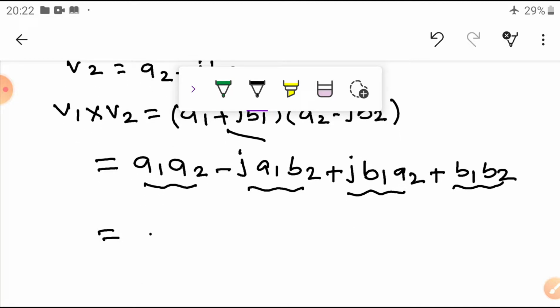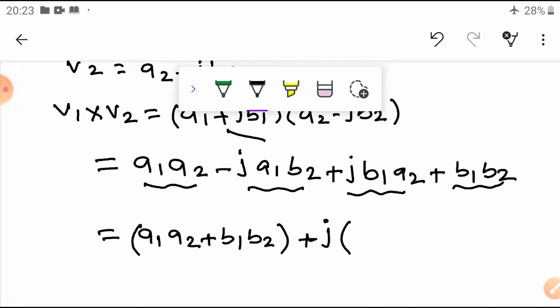Now, A1 A2 plus B1 B2, this is the real part. Now, you can take plus j, then B1 A2 minus A1 B2. So, these are the V1 into V2 multiplication factors.